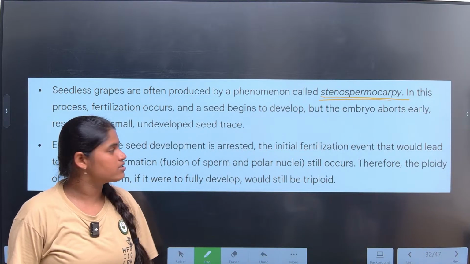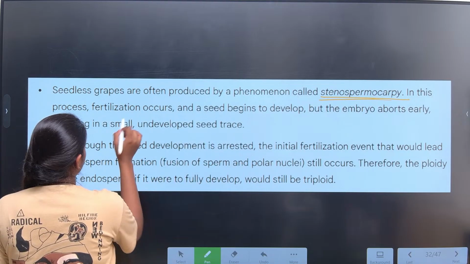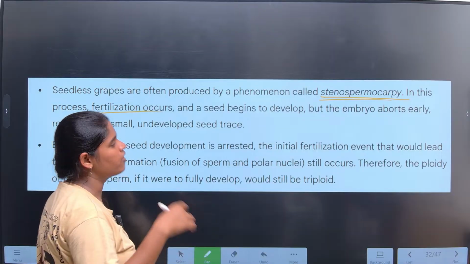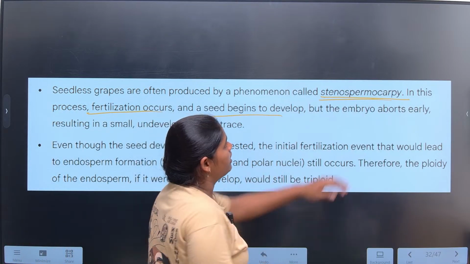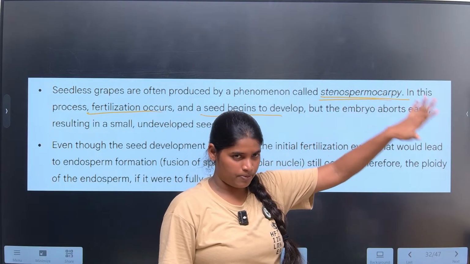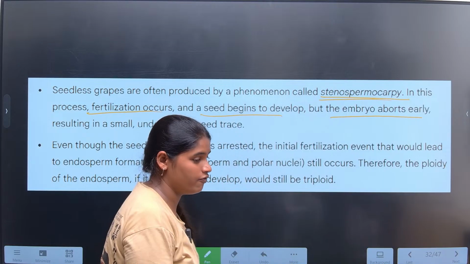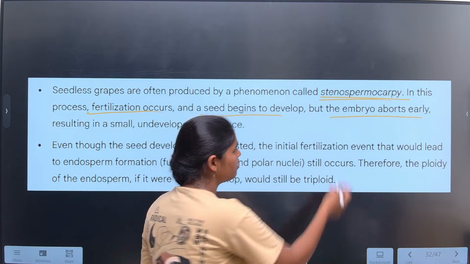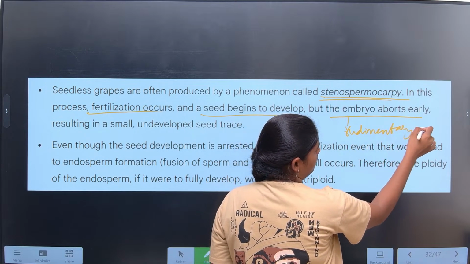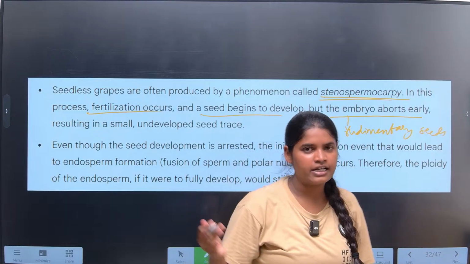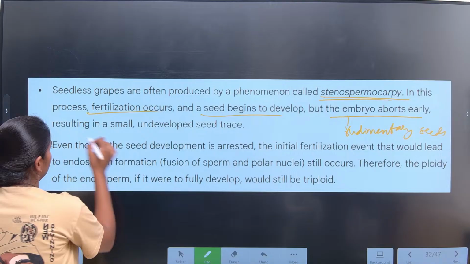What exactly does stenospermocarpy mean? As usual, pollination and fertilization occur, and the seed begins to develop. But in stenospermocarpy, the embryo developed through fertilization aborts very, very early, so it gives some rudimentary seeds. That is what seedless grapes are, where we have rudimentary seeds.